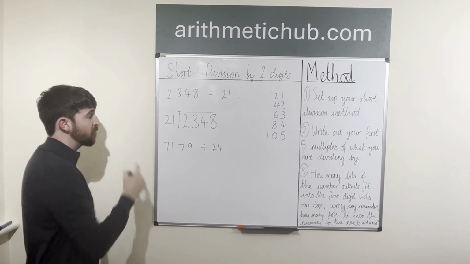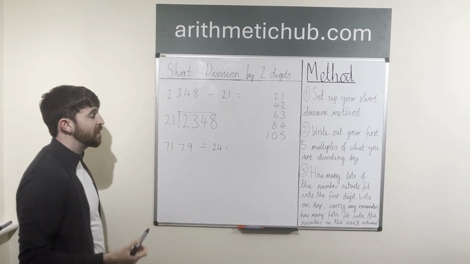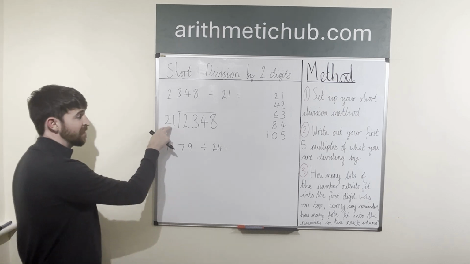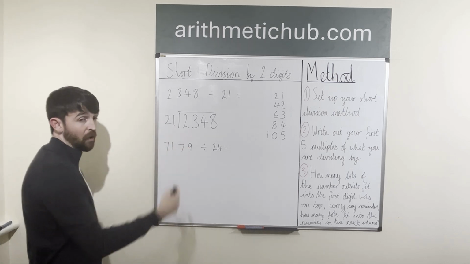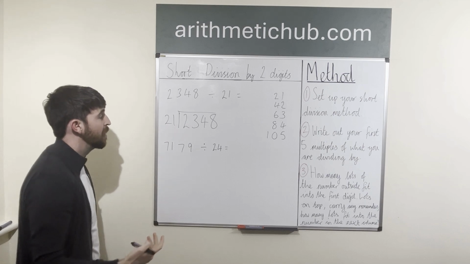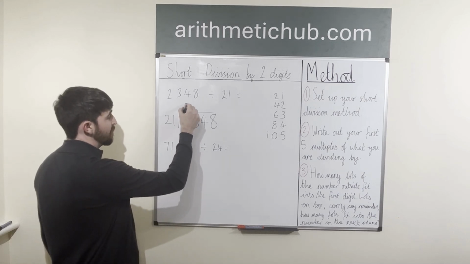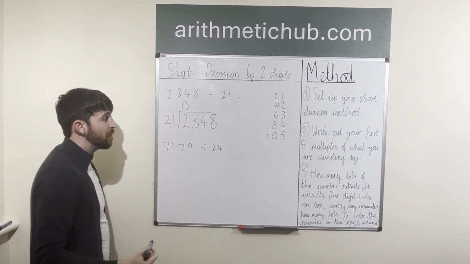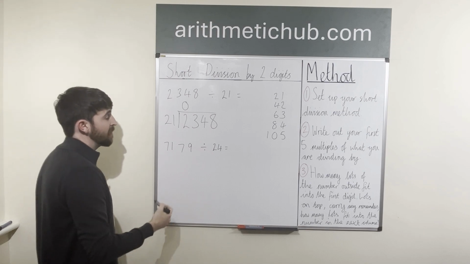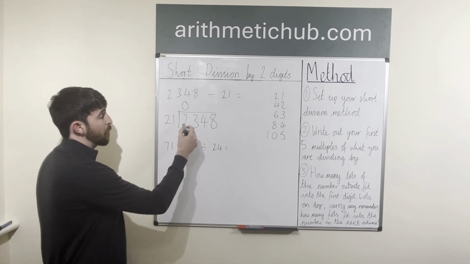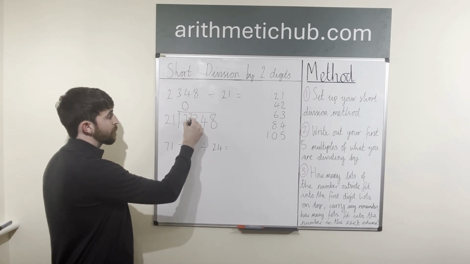Okay, so to start with, how many times does 21 go into 2? Now this is a 2-digit number and this is only 1 digit, so that's never going to happen, is it? 21 is not going to be able to go into this one single digit. So it goes in 0 times, but then we have to carry the 2. It went in 0 times, but we had 2 left to carry over.